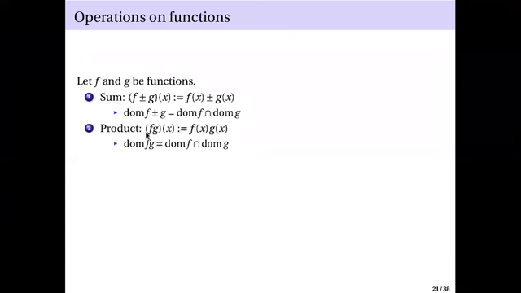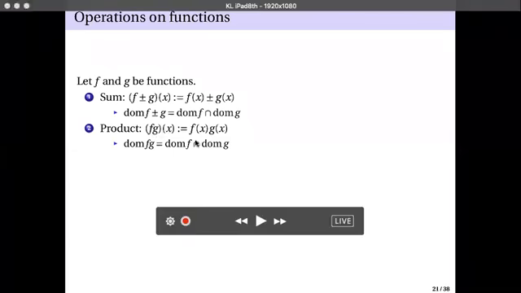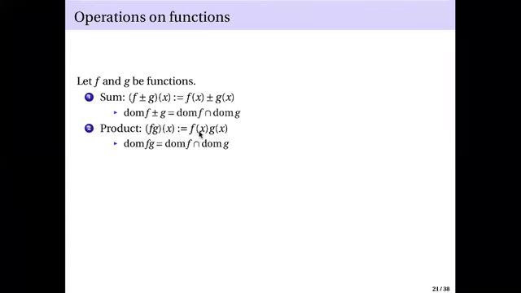Product. So you have two functions f and g. You define now the product fg. So fg of x in here, this is the function obtained when you multiply the function f of x by the function g of x. So the product fg is another function. It's obtained by multiplying f of x and g of x.